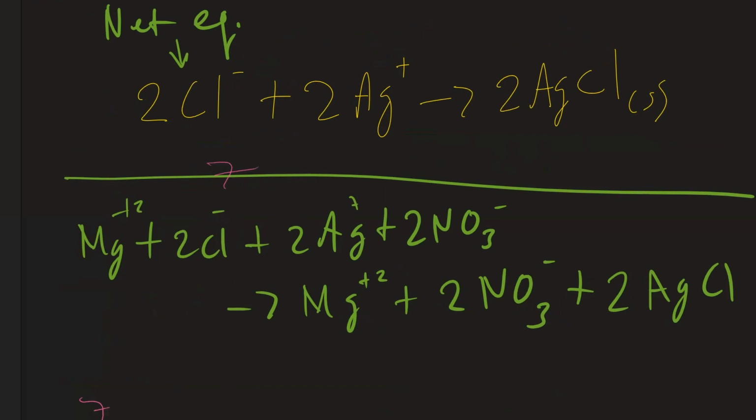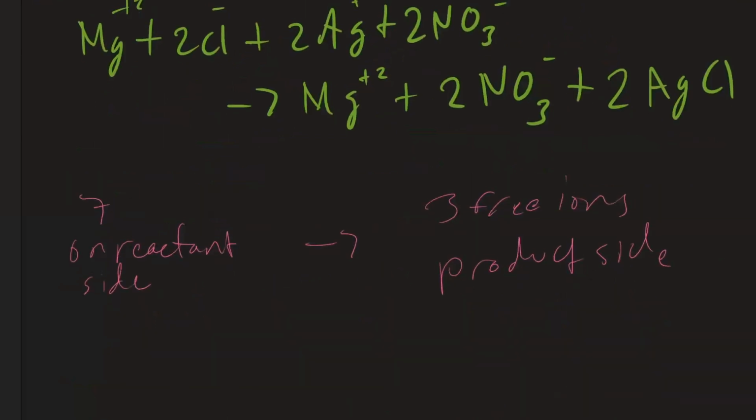And then we have 3 free ions on the product side. So conductivity decreases.